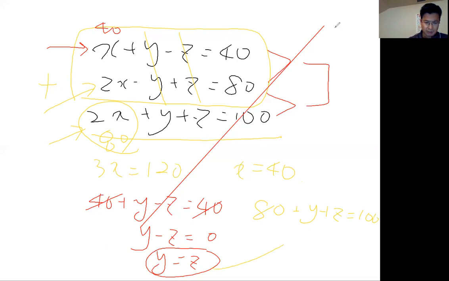But y equals z, so you put z here. Then 2z equals 20, so z has to be 10. Once you get z as 10, y has to be 10 as well. So we get 40, 10, 10. Okay, we'll move on to the next page.